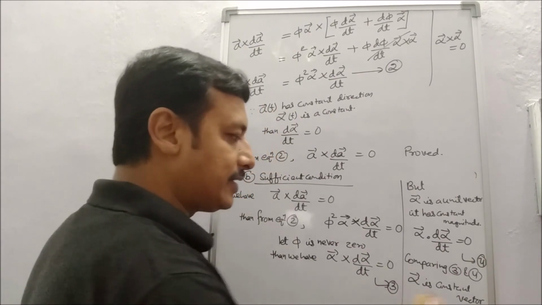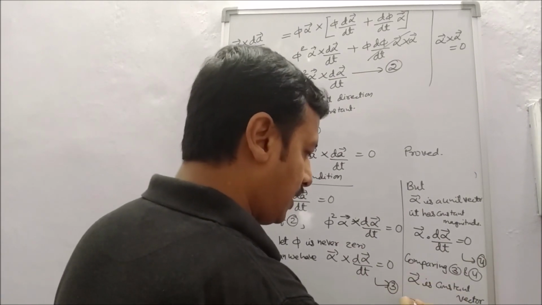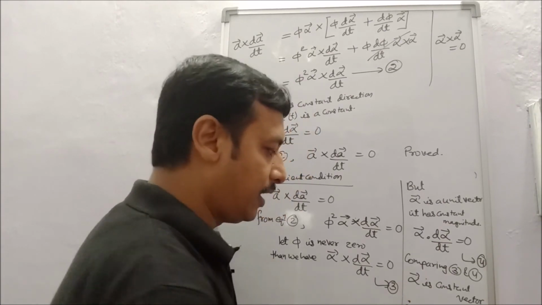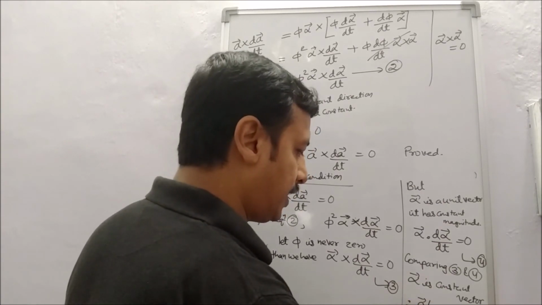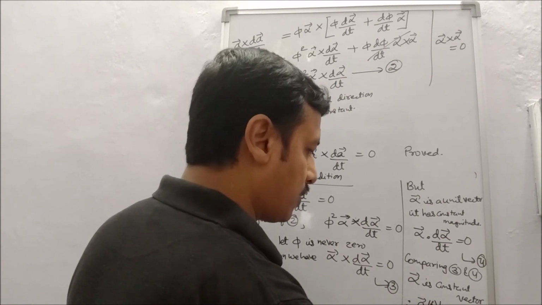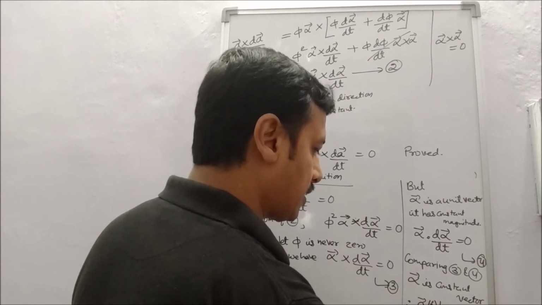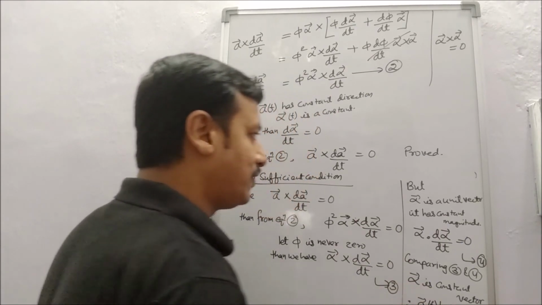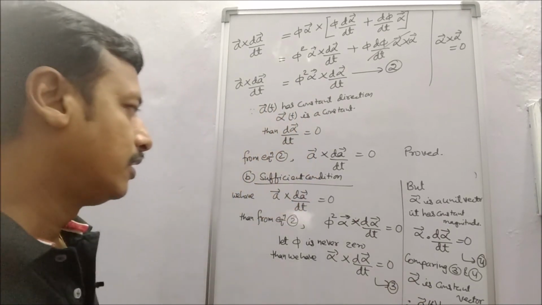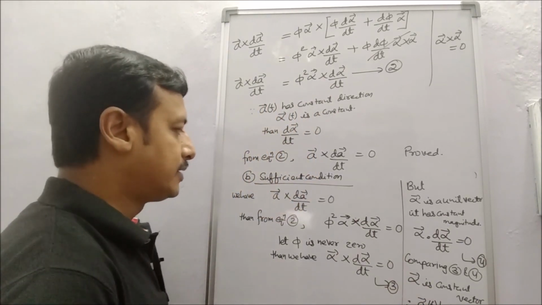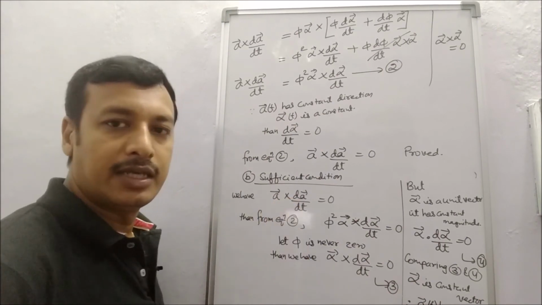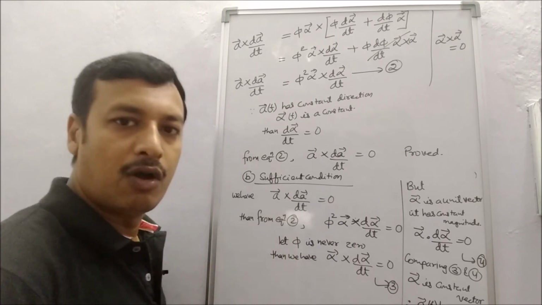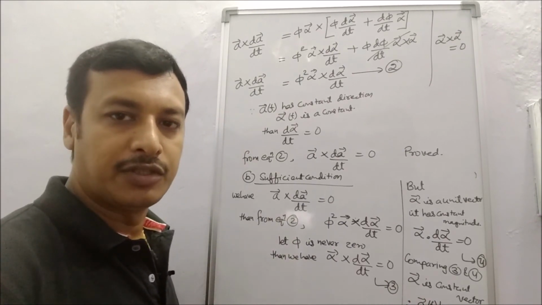Alpha is the direction of vector A, therefore vector A(t) has constant direction. So this is the sufficient condition: if A cross dA by dt is equal to 0, then A(t) has constant direction.